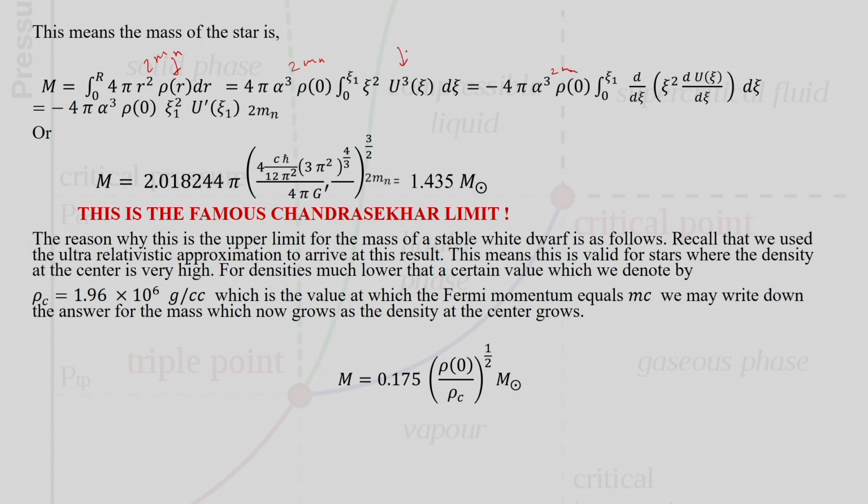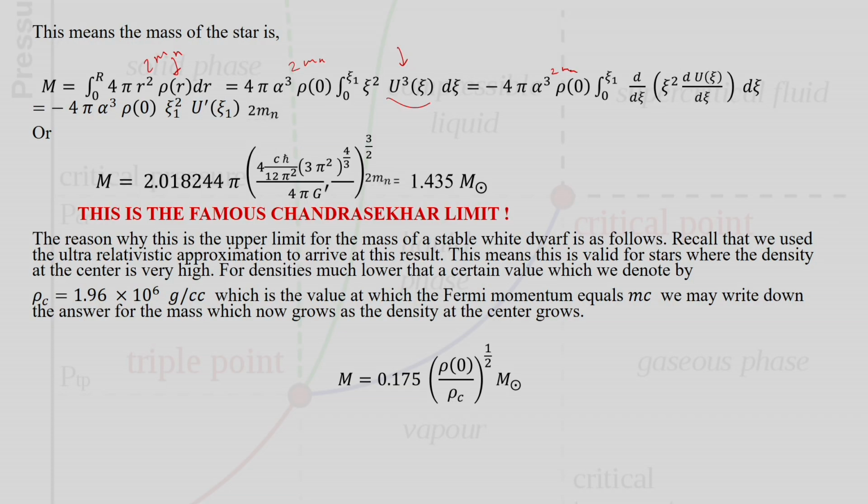So, I will get this, and keep in mind that rho is basically rho 0 into theta cubed, but theta is directly related to u. So, this whole thing becomes just the integral of u cubed xi squared d xi from 0 to xi 1, which is the radius of the star in dimensionless units.